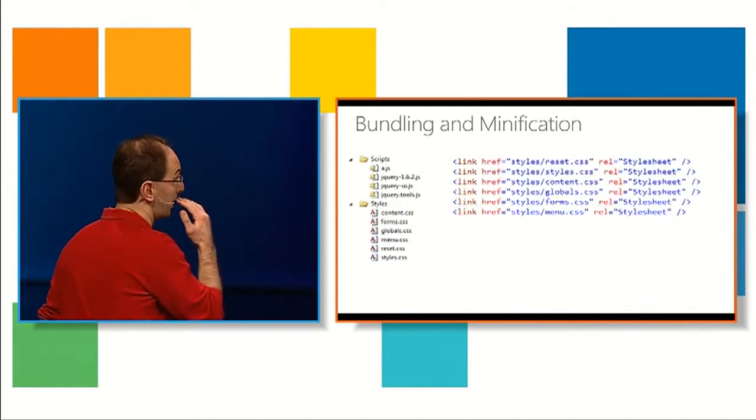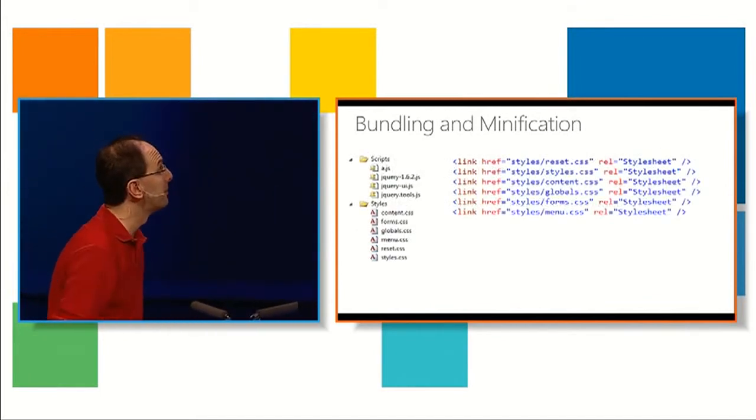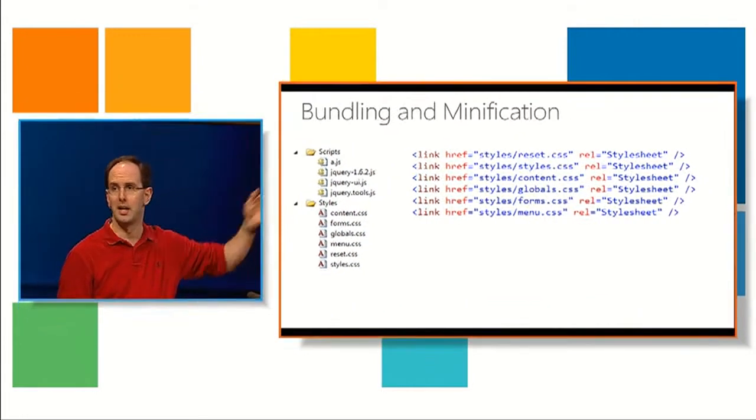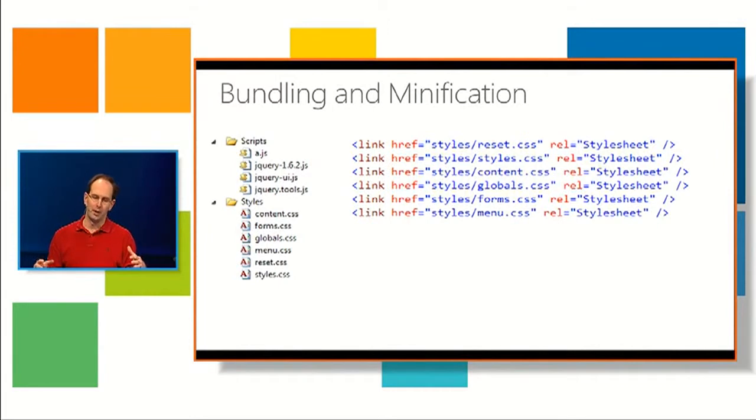So how does this work? Conceptually, imagine you have a project that has a bunch of scripts and a bunch of style sheets, and you split them out into separate files. The way you'd reference them today from a page would be standard link references, and in this case you'd make 6 separate HTTP calls to 6 separate style sheets.